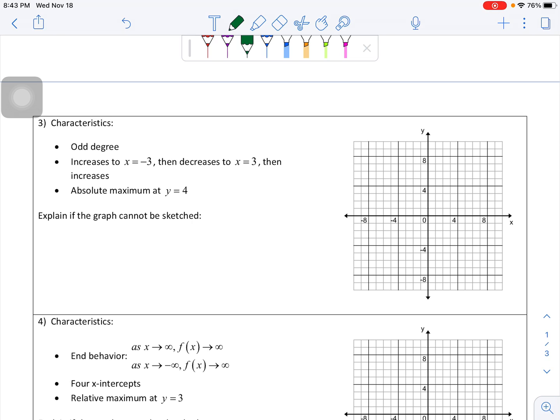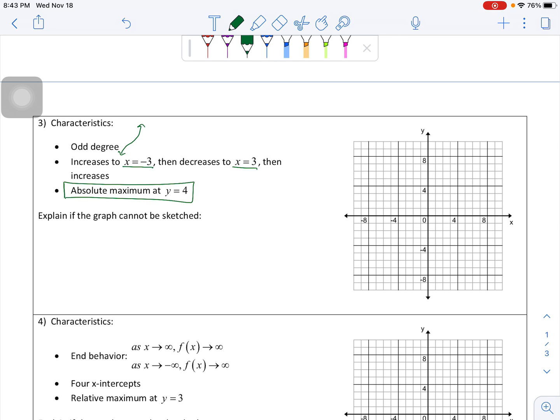Okay. Characteristics, odd degree function. So remember, that's one we kind of just drew. Okay, so that is an increasing function there. Okay, increases to x equals -3, then decreases to x equals 3, then increases. Okay. Oops, we got a problem here.